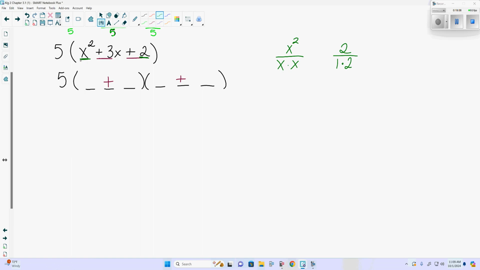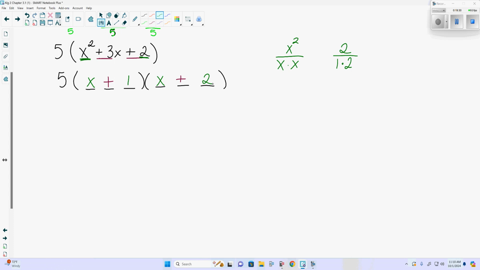So for the first term, since it's x squared, it's going to be plugged in the first spot of each of the parentheses. Factors of the first term go in the first spots. Factors of the third term go in the third spots. And it doesn't matter too much which ones we put them in because we actually already started step 5, plug it in and check.